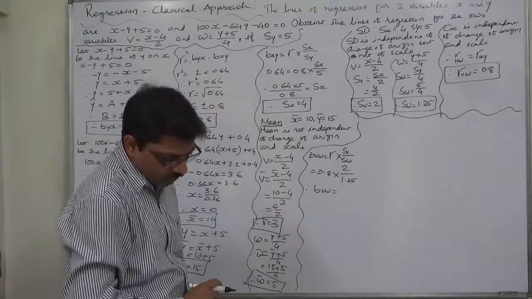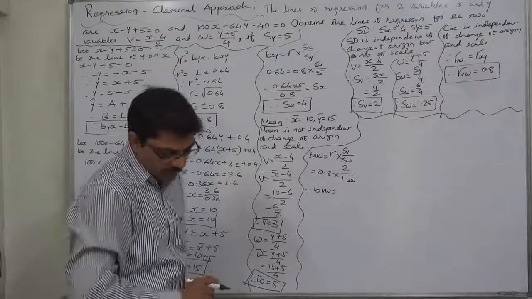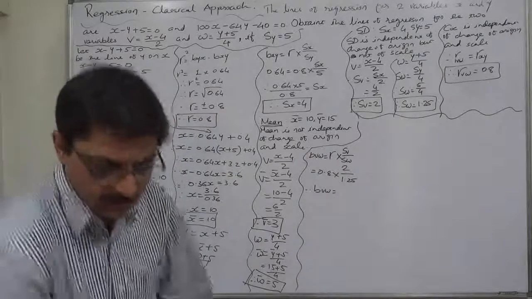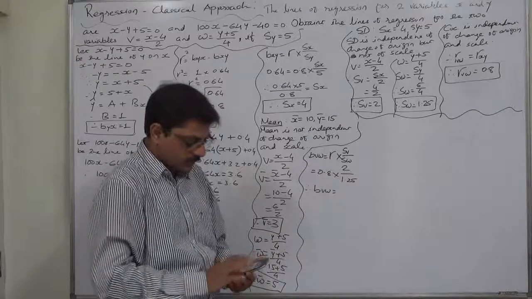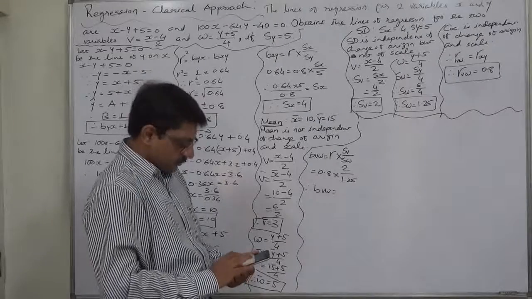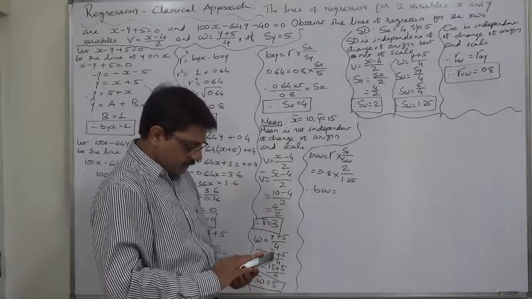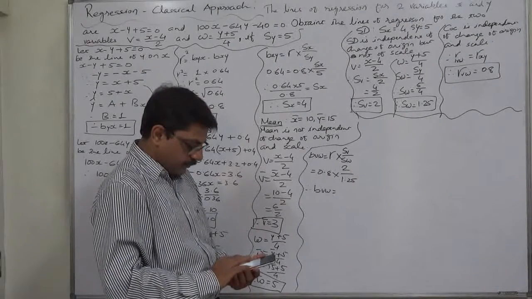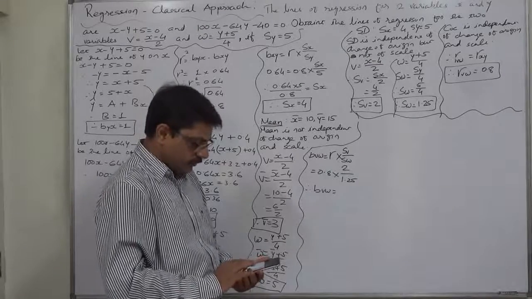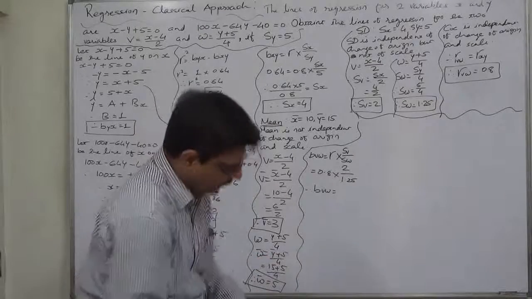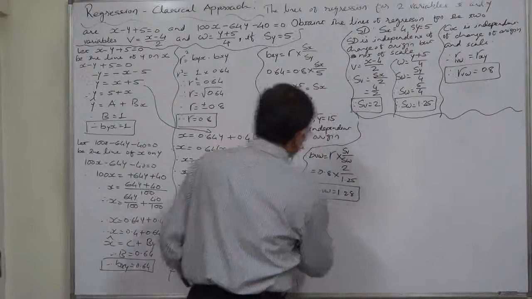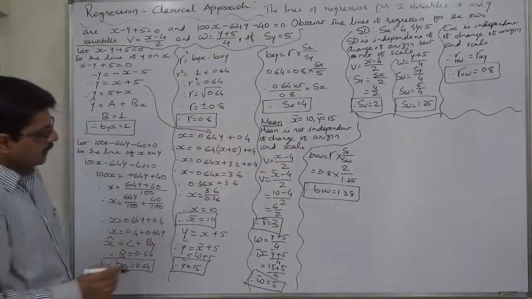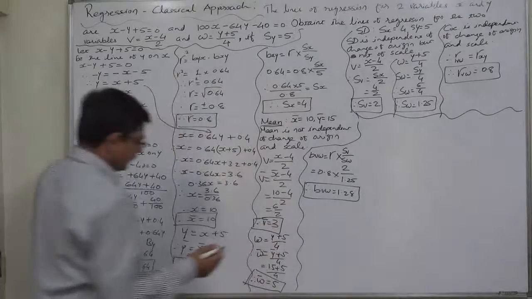So it comes to 1.28. Let me confirm it because this is a critical calculation. 0.8 multiplied by 2 divided by 1.25 comes to 1.28. Yes, the value written with me was correct.